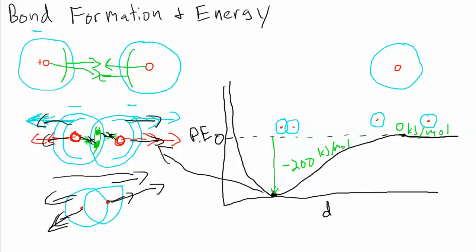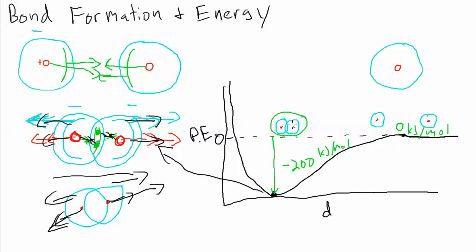And then as the atoms get too close, the potential energy starts to skyrocket, and we actually get into positive potential energies really, really quickly because they're too close together. So the stable bonded atoms are going to have a negative potential energy, and that's the potential energy that you have when the bond is the most stable.